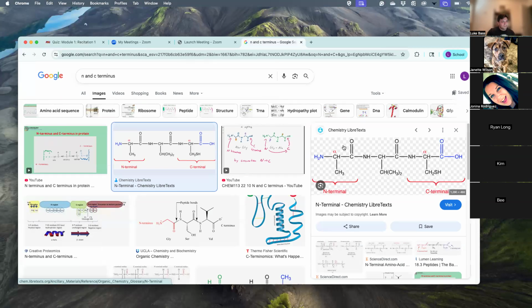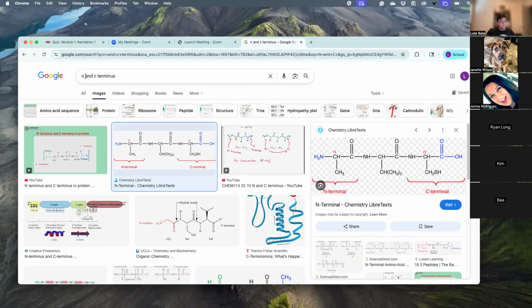If you're looking at a polypeptide chain that has three amino acids, the one on the left is going to be the N terminal side, and the other one is going to be the C terminal, because the amine group is at this end, and this one has the carboxyl group.